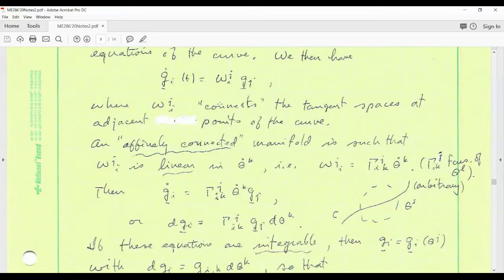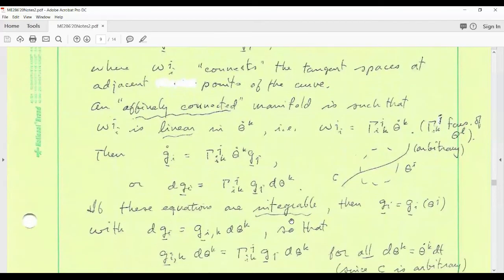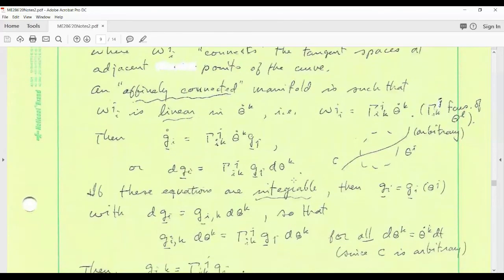In this case, this system of ordinary differential equations becomes this. Or if we think of multiplying through by dt, where t is the parameter, it's just dg related linearly to the d theta k's, like so. So these are differential equations defined on a curve.